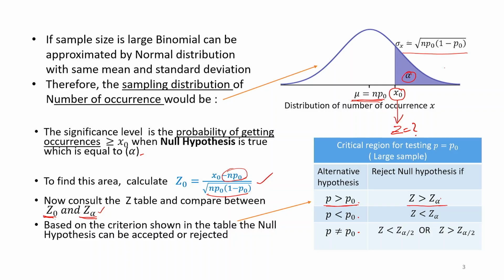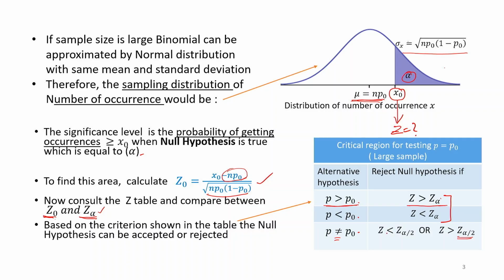And in those cases, the corresponding rejection criteria of the null hypothesis is also shown. So in these two cases, this is basically a one-tail test. We have also discussed one-tail and two-tail tests. Whenever we have a not equal to sign, it automatically means it is a two-tail test. And therefore, here instead of writing Z alpha, we have to write Z alpha by 2.